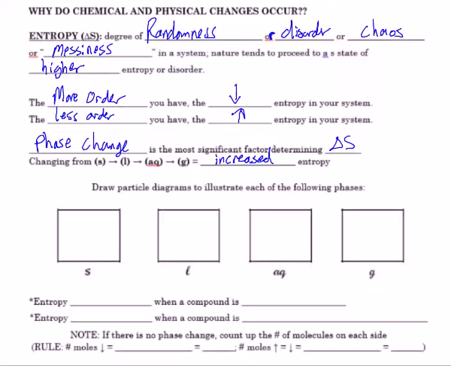So if we draw our particle diagrams, something we've done several times before, we're going to continue to do it because you could see this and be asked to do that on your Regents exam, or that could be a way that you can explain something on your exam. So then liquids, all right, they kind of flow like this.